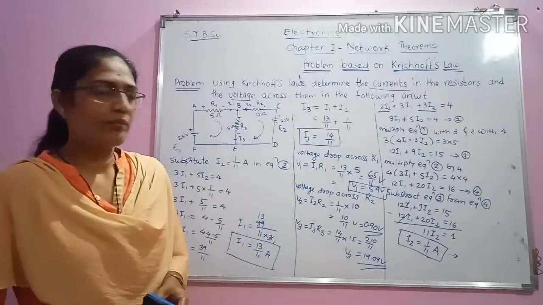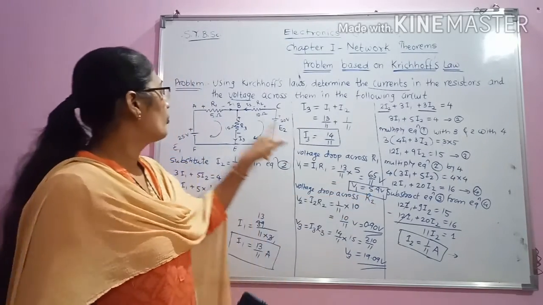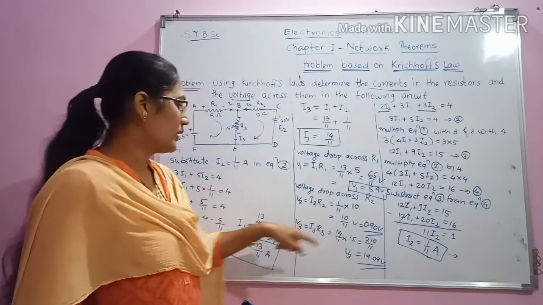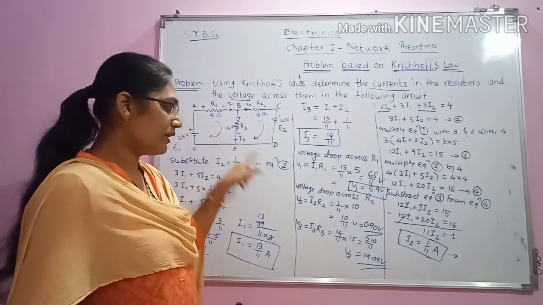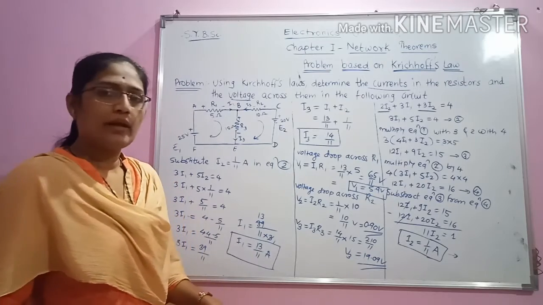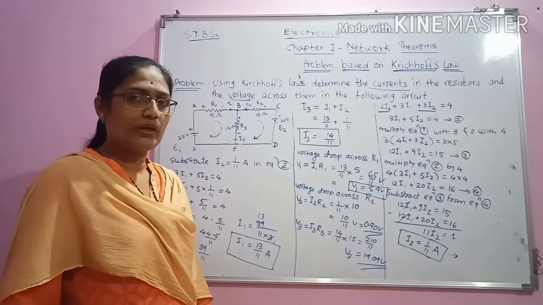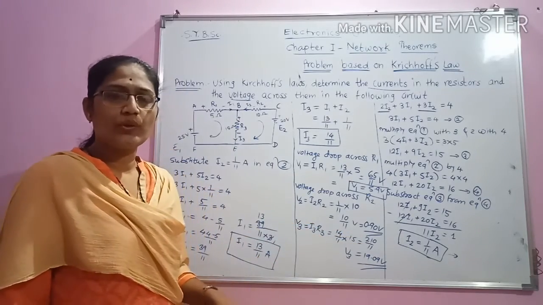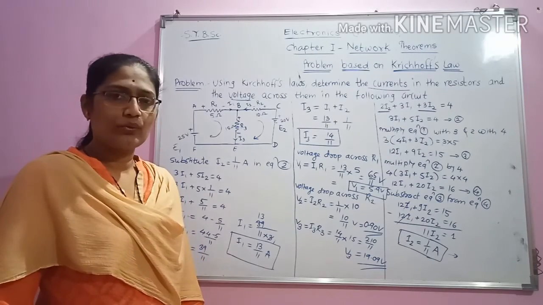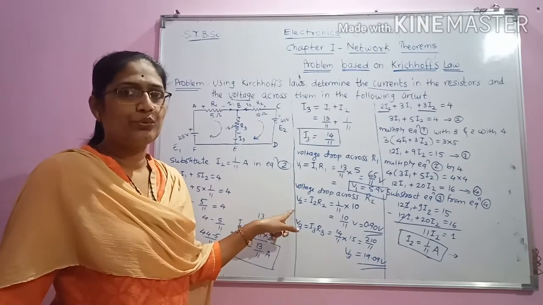That is, voltage drop across R1 comes out as 5.9 volt, voltage drop across R2 comes out as 0.90 volt, and voltage drop across R3 comes out as 19.09 volt. Like this, by using Kirchhoff's current and voltage law, we have determined the respective current values flowing through the resistors R1, R2 and R3, and also we have calculated the values of voltage drop across R1, R2 and R3.